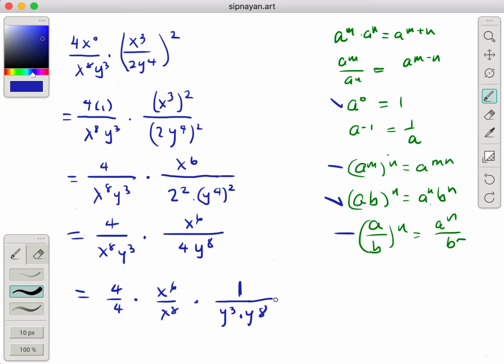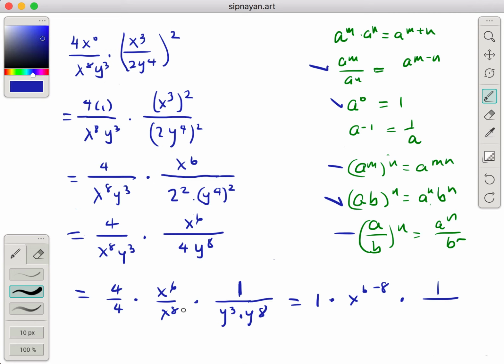No? Next, we simplify. 4 over 4 is 1. And then x to the 6th over x to the 8 is x to the 6 minus 8. And then times 1 over, anong law ito? Diba this is yung pangalawa natin, no?